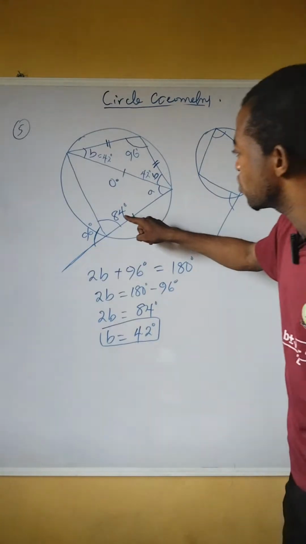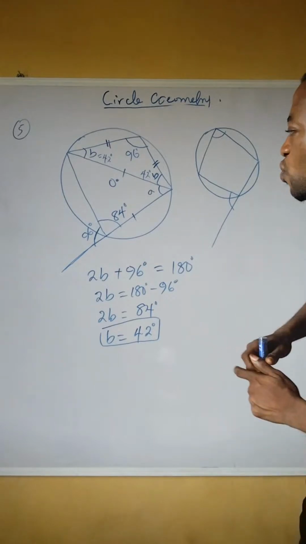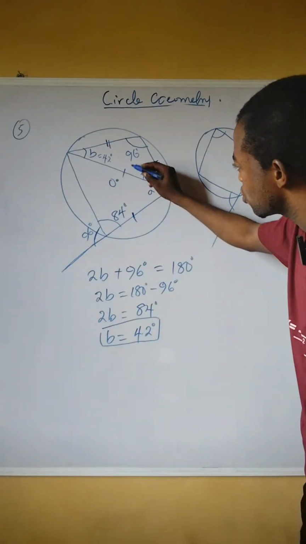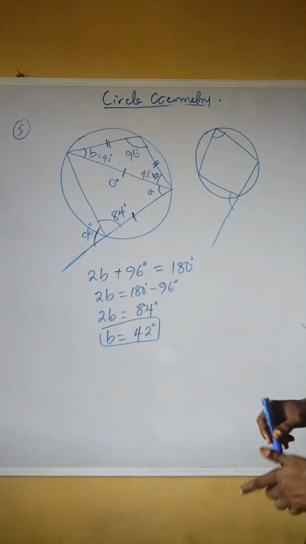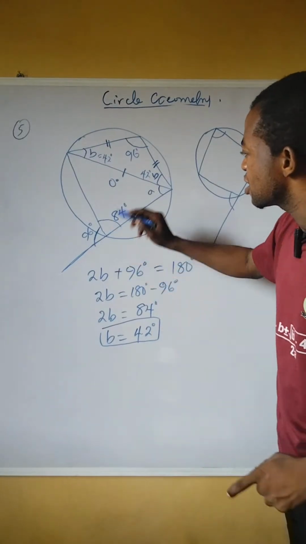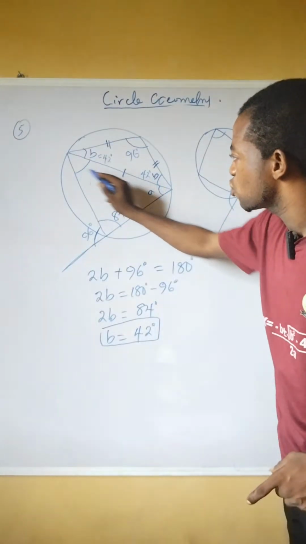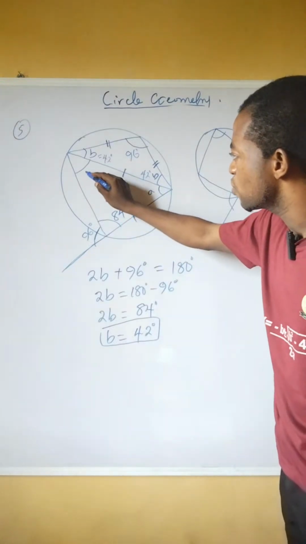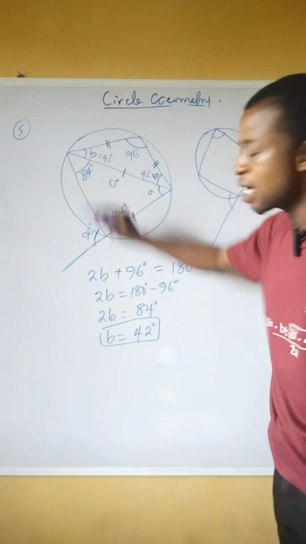This angle is 84 degrees, and look at this sign. A sign on this line, also a sign on this line. It also made this triangle here an isosceles triangle, and this angle is 84. This angle also is 84 because it's a base angle.